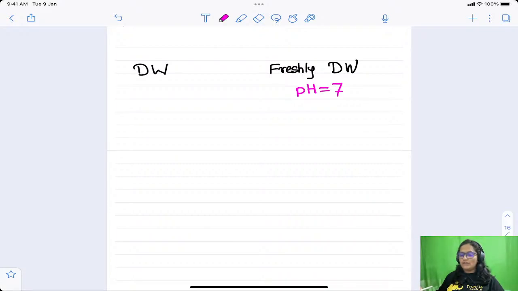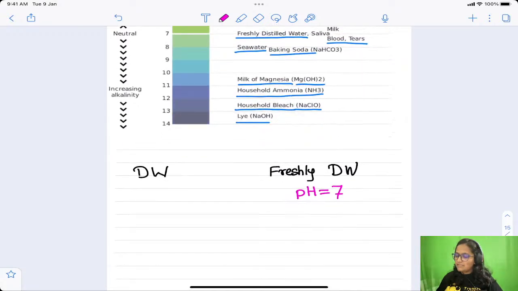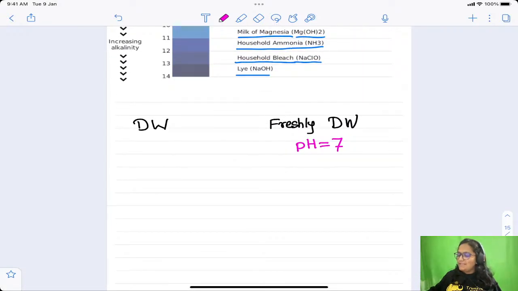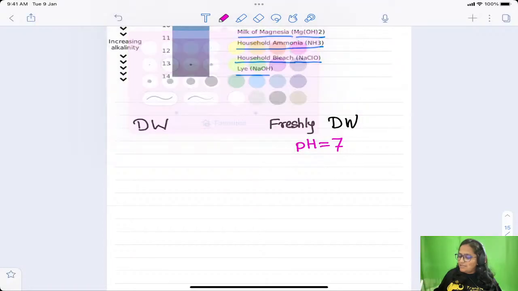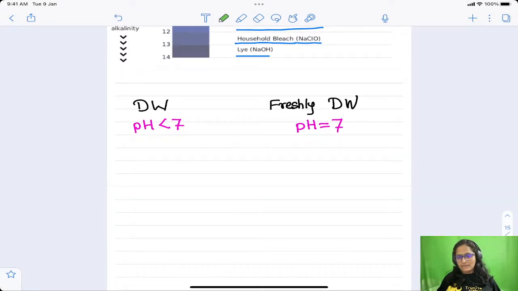But in case of only distilled water, can you see here the only distilled water where it is? Yes, freshly distilled water is 7. But in case of only distilled water, pH is not exactly 7. It is a little bit acidic in nature. It is less than 7. Why is this so? What happens when we are distilling the water? Immediately after distillation, its pH is exactly equal to 7.